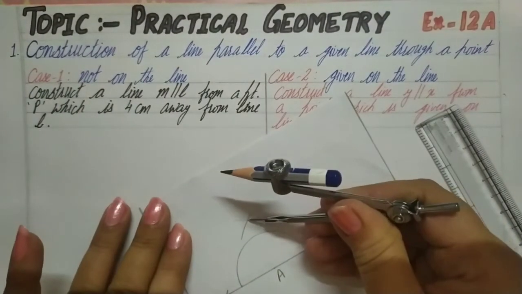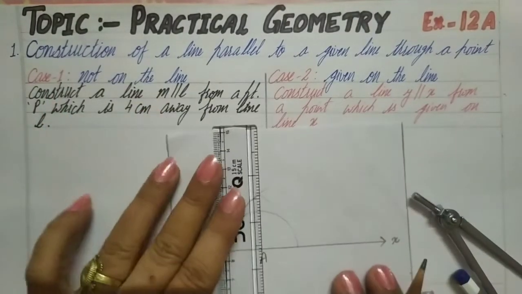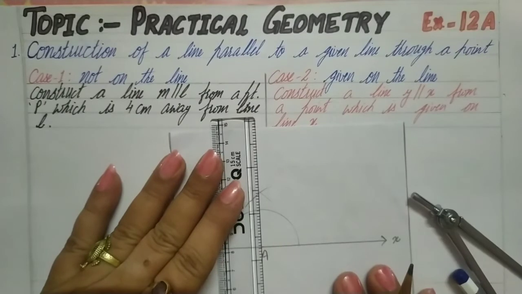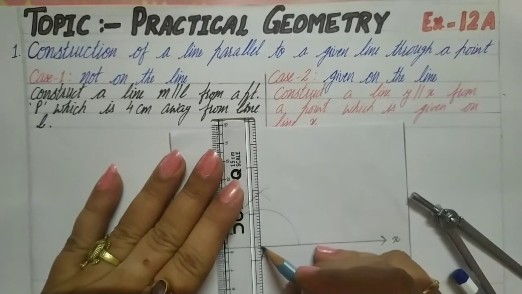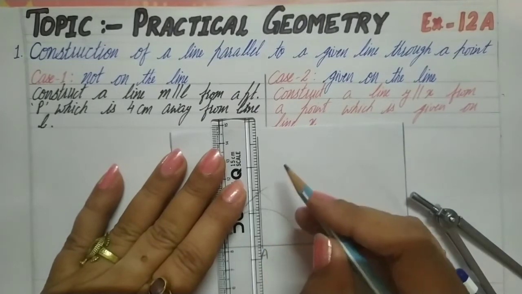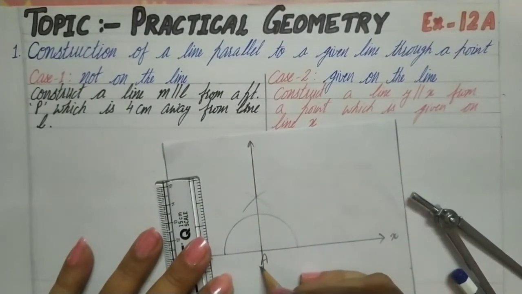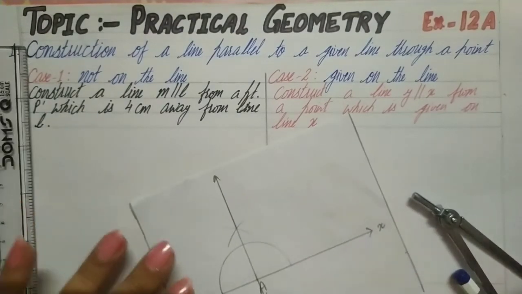This is the point of intersection of these two arcs. Now draw a line passing through the point of intersection of these two arcs and point E. So this is the line which is perpendicular to the line X.